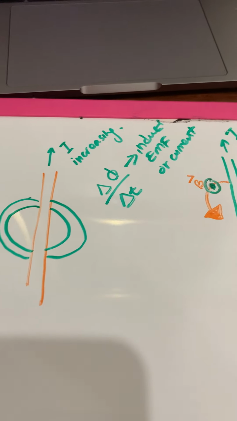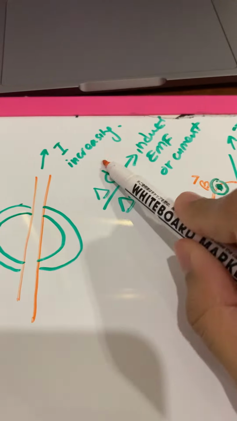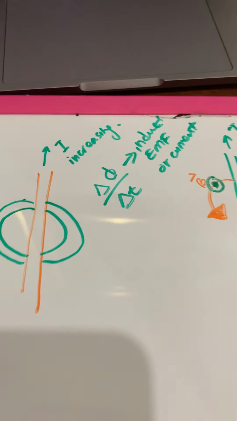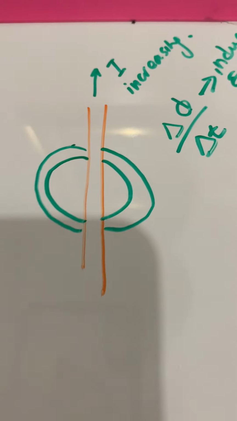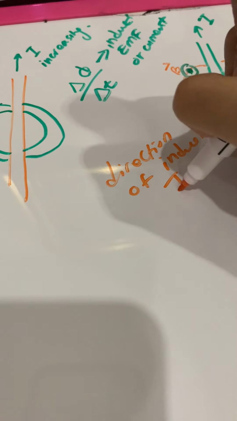If you have watched chapter 20, you will know what I'm talking about. So if you have increasing I, you will have increasing B, you will have this guy, which is needed for induced current or EMF. Now, the question is asking you, what is the direction of induced I in the coil?